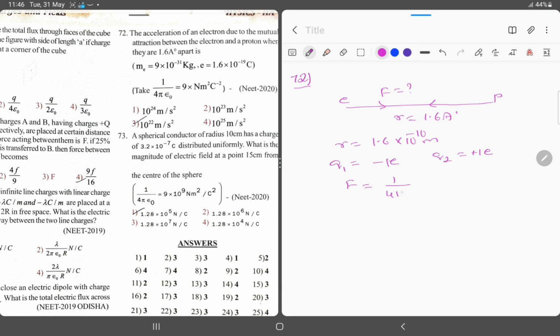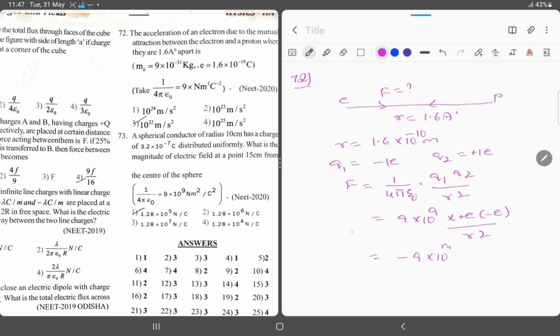F equal to 1 by 4 pi epsilon naught into q1 q2 divided by the distance between them, r square. So 9 into 10 to the power of 9, its value, into q1 value, 1 electron plus, and q2 minus e, divided by r square.